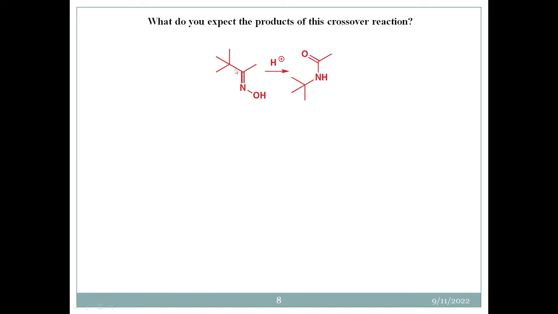Again, Beckmann reaction. What do we expect? This tertiary butyl group will migrate, trans to the OH group, and it will form this. So if someone asks you what is the mechanism of this reaction, you can directly show that it's a concerted process, that tertiary butyl with its bonding electron pair will migrate to the nitrogen atom.